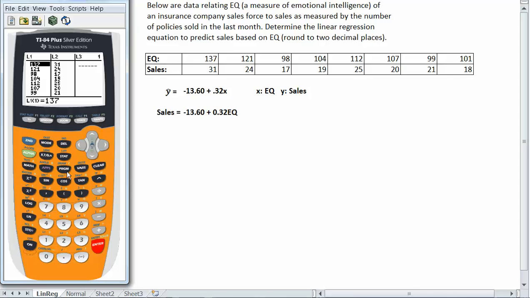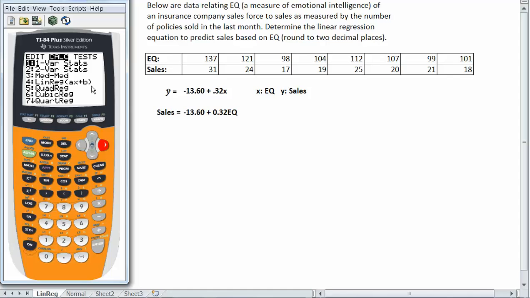Okay, now to the calculation. Again, I'm going to use the stat command. And then I'm going to arrow to the right and hit calculate. Then I'm going to go down, and you can see linreg AX plus B. But AX plus B is not usually the form that you will find in most statistics books.